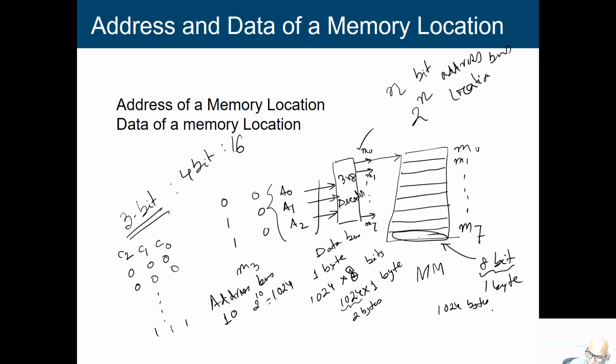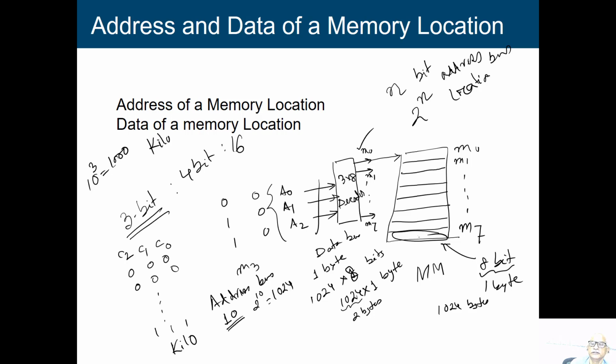Now, in this particular case, the size of 10 for the address bus gives 2 to the power 10, which is 1024, and this is basically known as my kilo unit. In the decimal or metric number system, 10 to the power 3 is equal to 1000, which is treated as kilo.